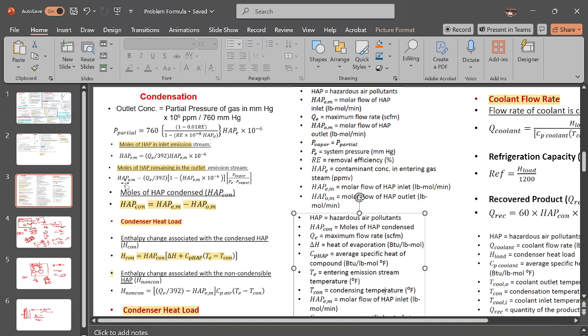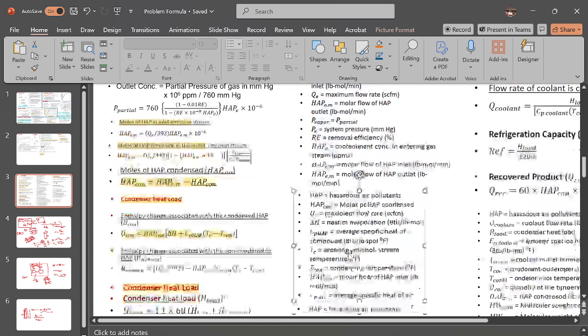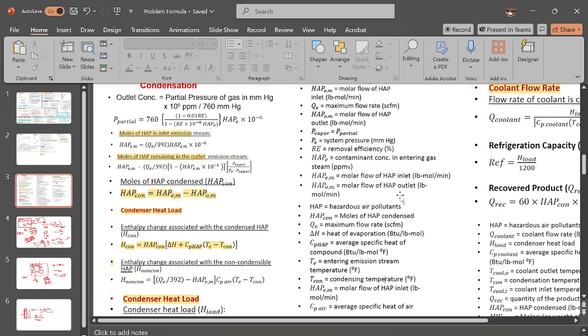Outlet emission, if you want, HAPOM, that is the outlet emission. If you know the inlet, then you substitute here, you will get the outlet flow. P vapor and PE will be the vapor pressure or partial pressure of your gas and the partial pressure of your system. Then moles of HAP condensed, how much condensed hazardous air pollutant, I'll get from inlet minus outlet.